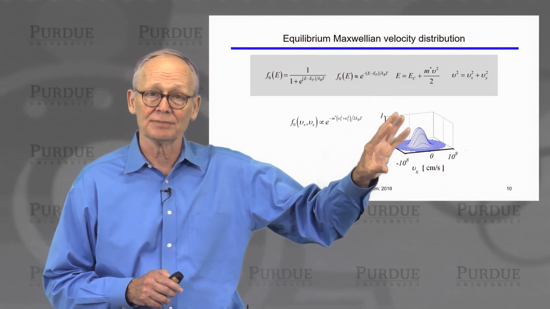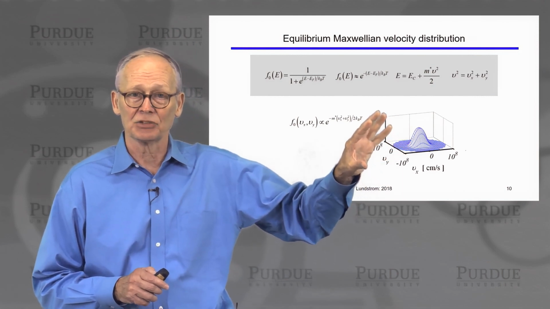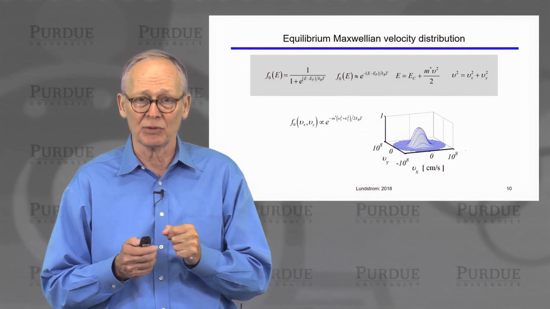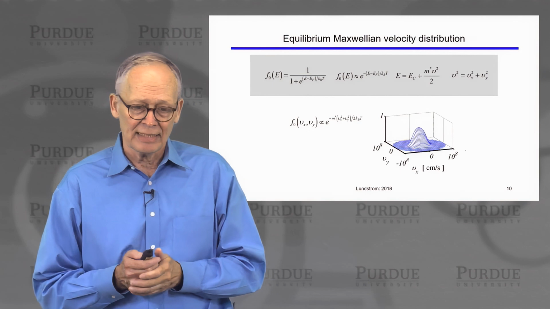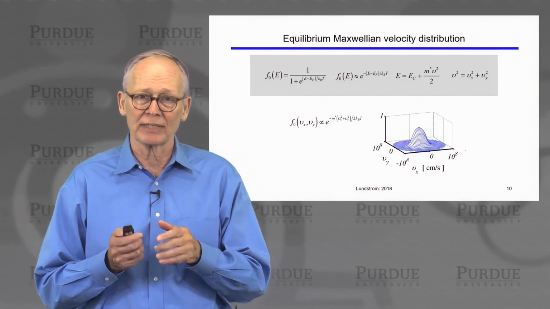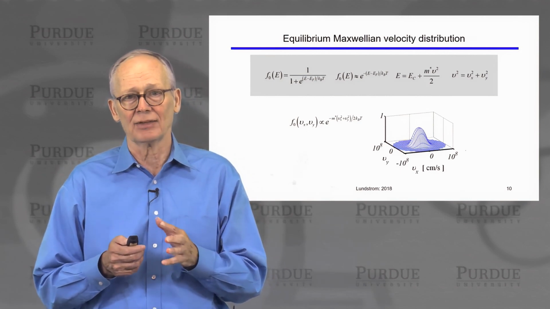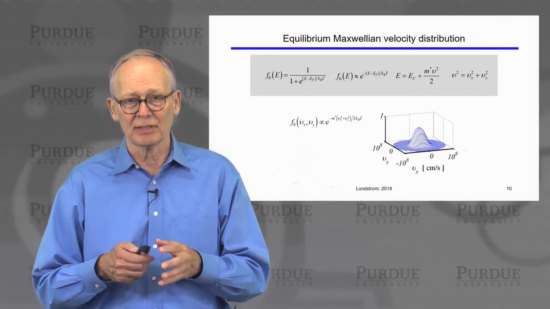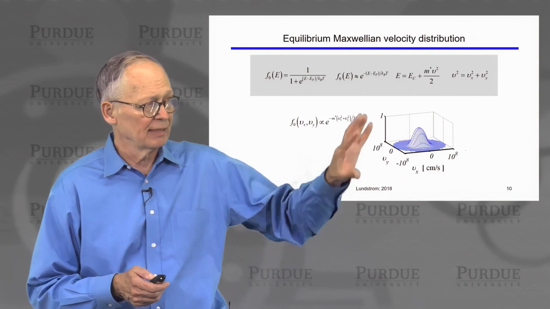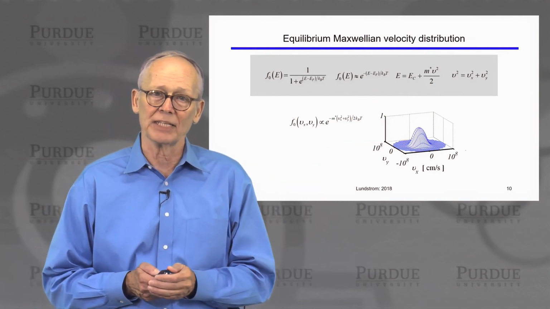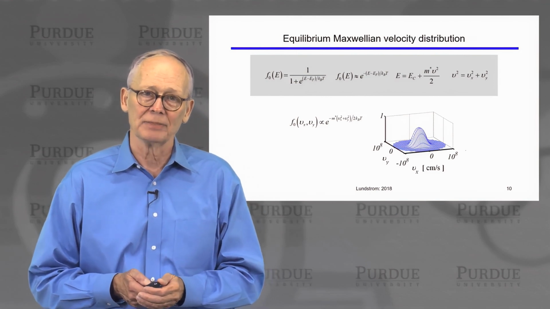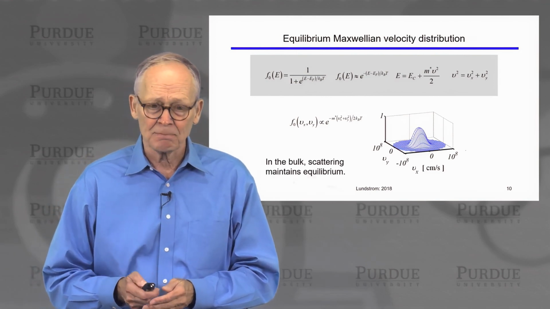This randomness is maintained by strong scattering. The electrons and phonons and defects and everything introduce strong scattering that randomizes all of the directions. The electrons come in equilibrium with the phonons, and what we're left with is this thermal equilibrium Maxwellian distribution of velocities.